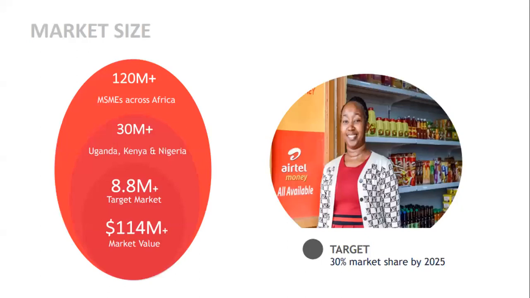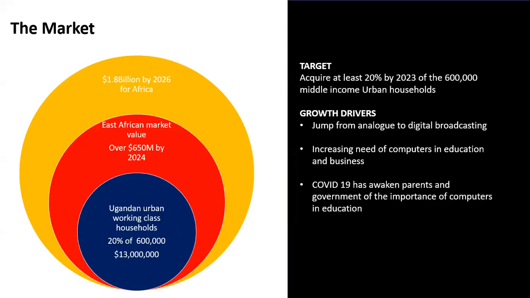So these people, they are targeting, no, I think I need to use a better example. Let me use this. These ones are targeting 600,000 households. Now, 20% of this 600,000 means they are targeting how many?